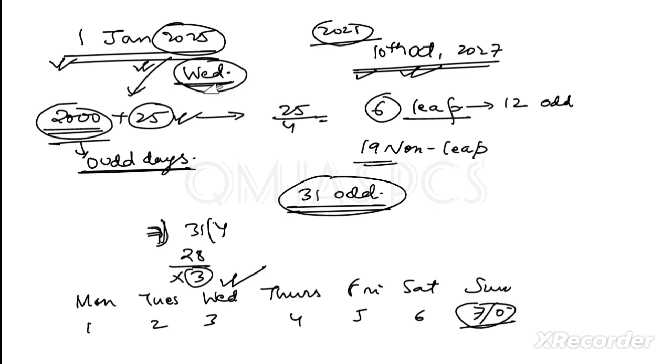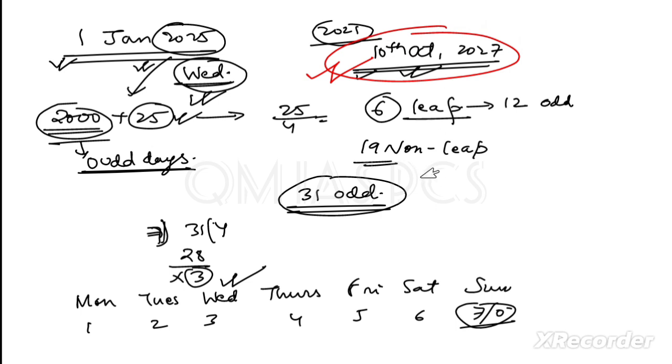So if we are getting it right, it is your task to solve which day 10th of October 2027 is. Solve it and comment it.